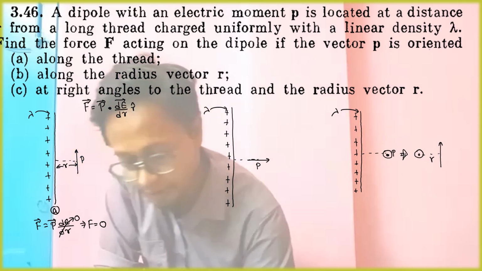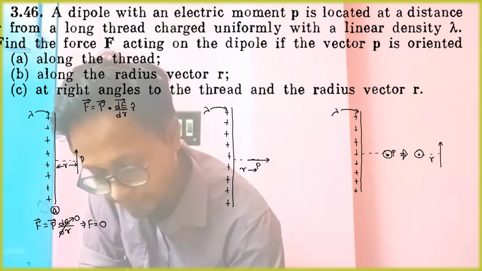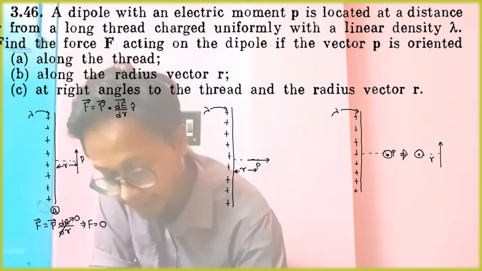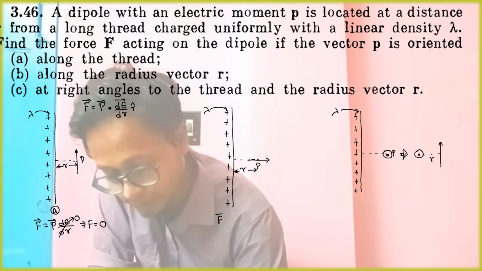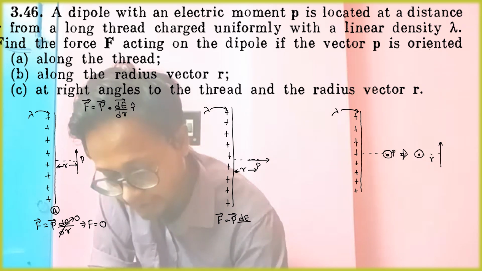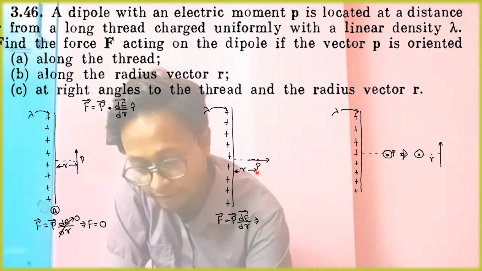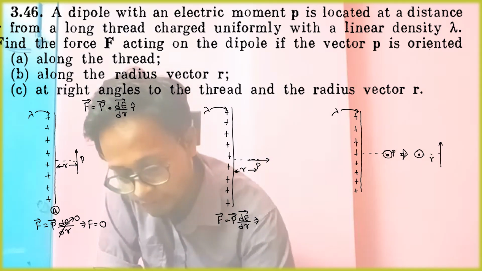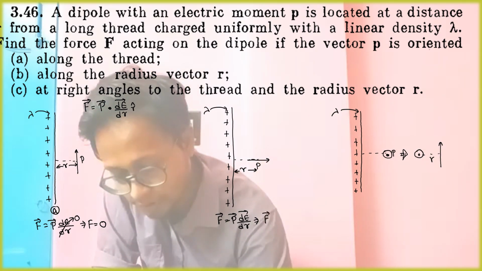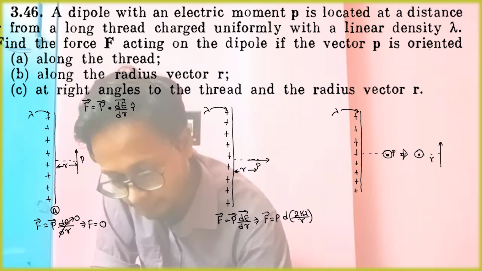In the second question, this is the r vector. Now in this question, dE by dr varies. But net force is equal to dipole vector into dE by dr. As I go in the direction of r, the electric field changes, and the value of r increases. So force is equal to P into d by dr of E, what is the value of E? 2k lambda by r, isn't it?